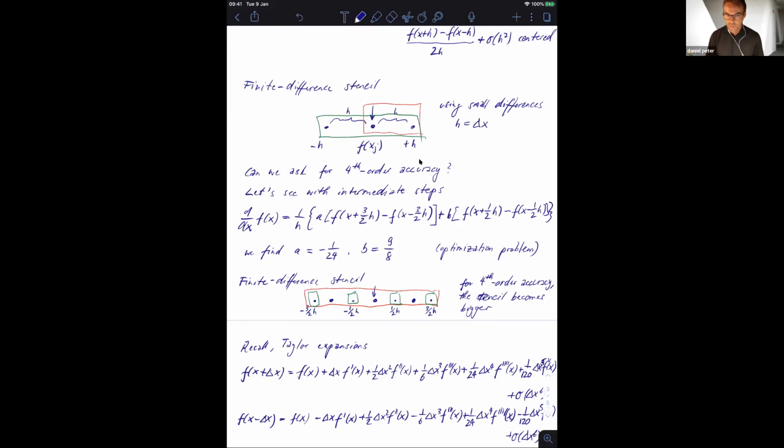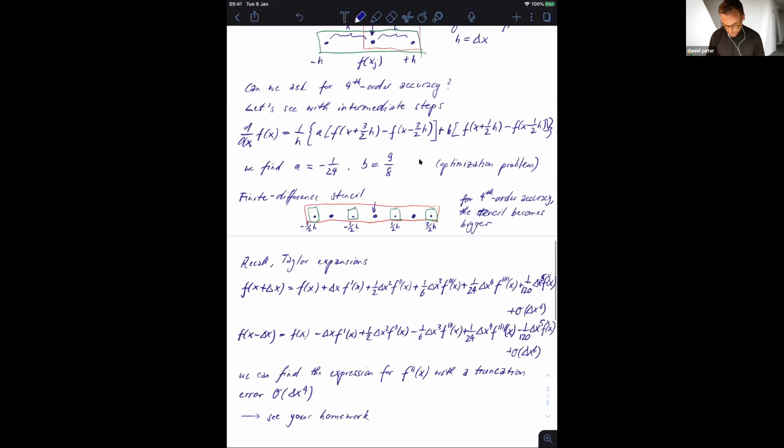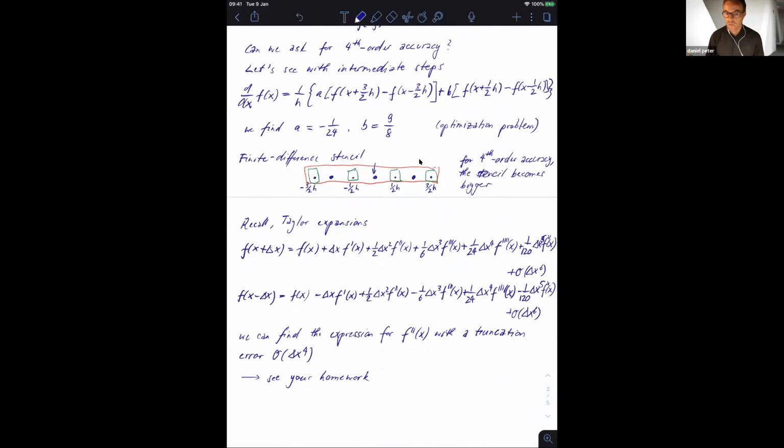So what you have here with these intermediate steps is called a staggered scheme. You have to wrap your head around it in order to implement it. What you can do with the Taylor expansion here below, you can also find fourth order schemes without these staggered steps. And that's what you will do basically for the homework.